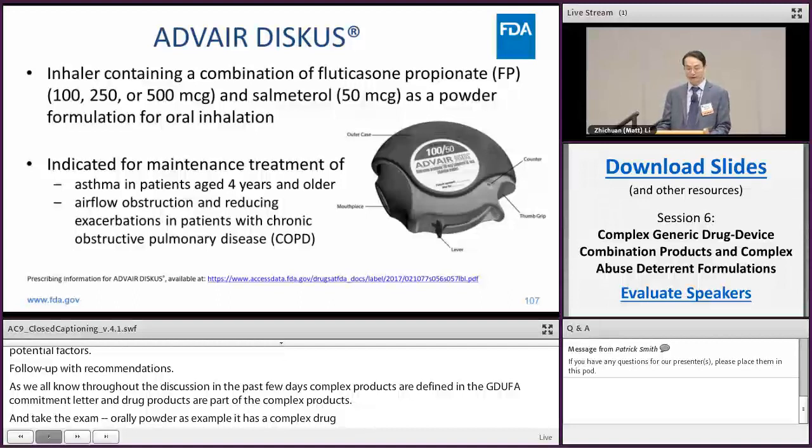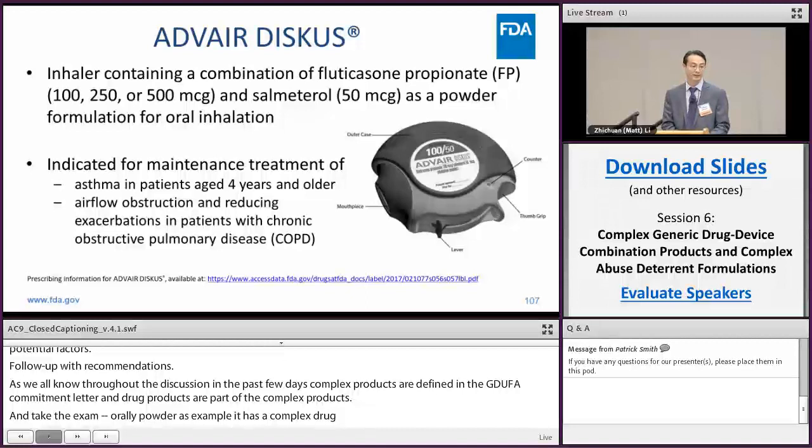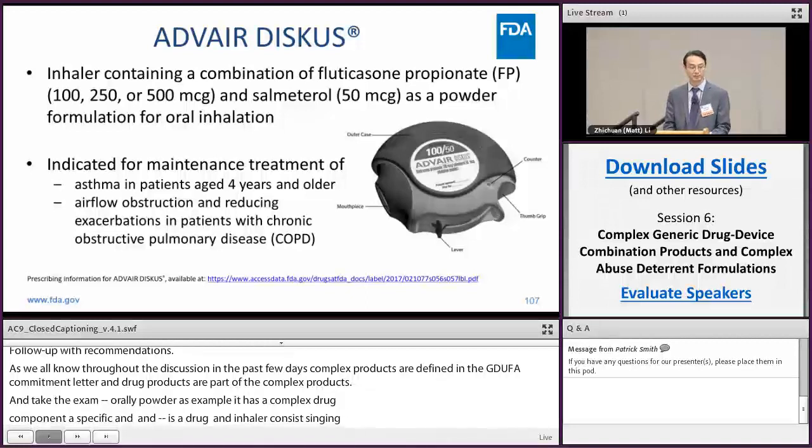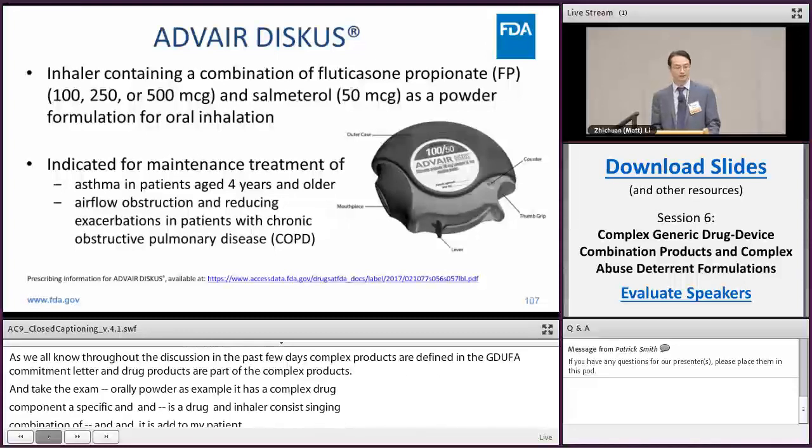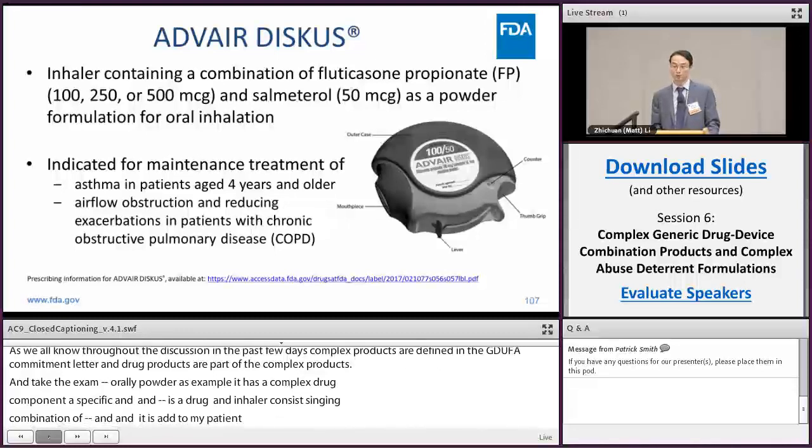And it's an inhaler consisting of a combination of fluticasone propionate and salmeterol as a powder formulation for oral inhalation. And it is indicated for maintenance treatment of asthma in patients aged 4 years and older, as well as treatment of airflow obstruction and reducing exacerbation in patients with COPD.